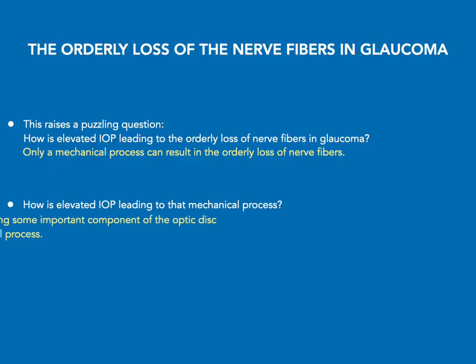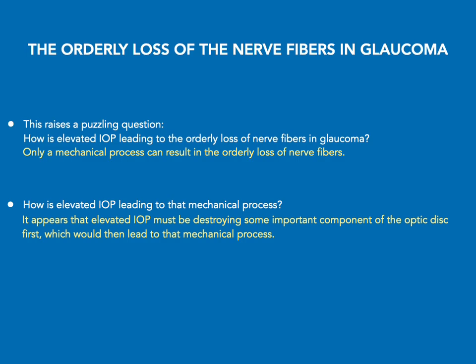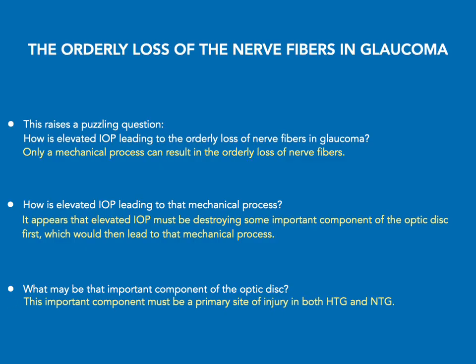It appears that elevated IOP must be destroying some important component of the optic disc first, which would then lead to that mechanical process. Lastly, what may be that important component of the optic disc? Well, this important component must be a primary site of injury in both HTG and NTG.